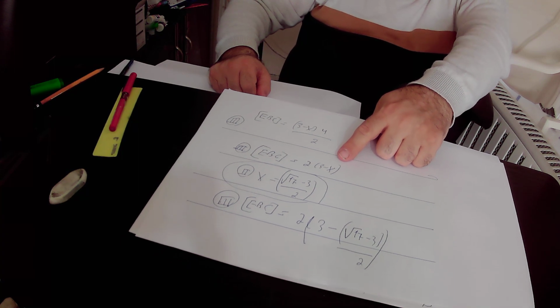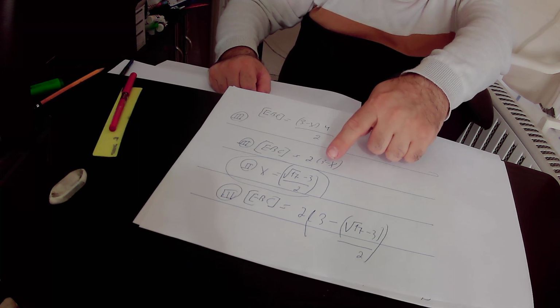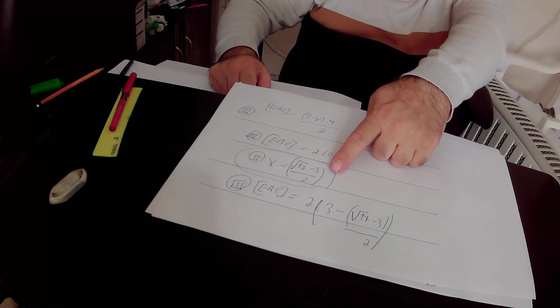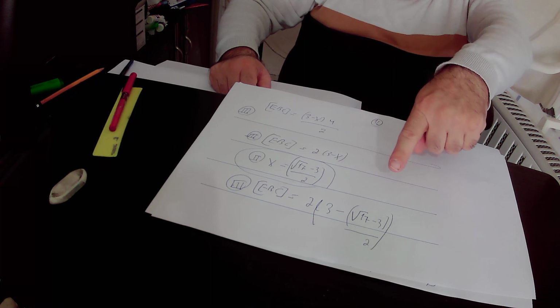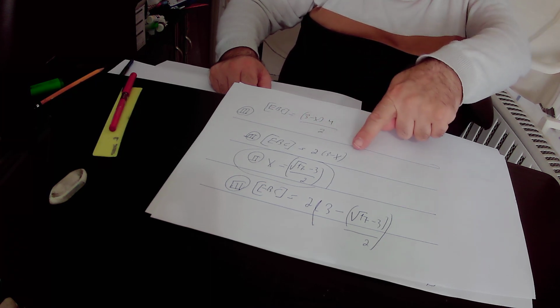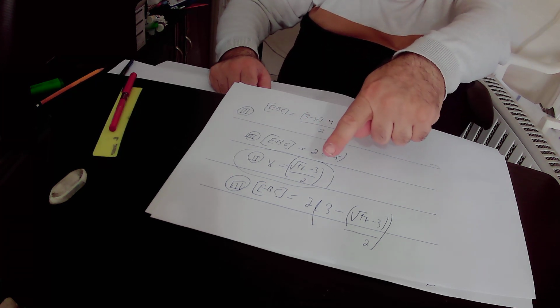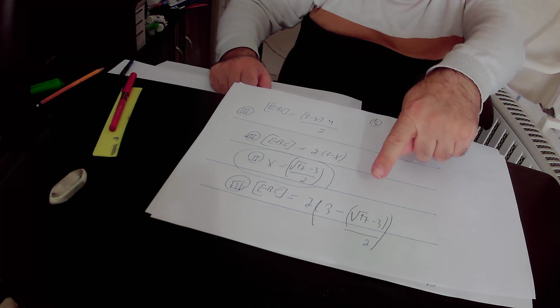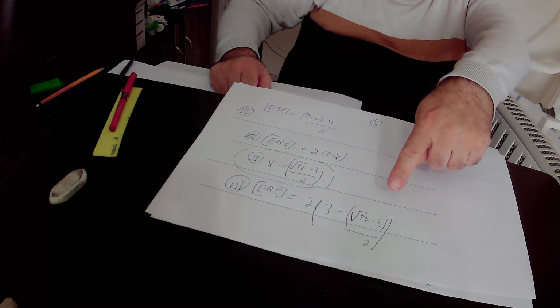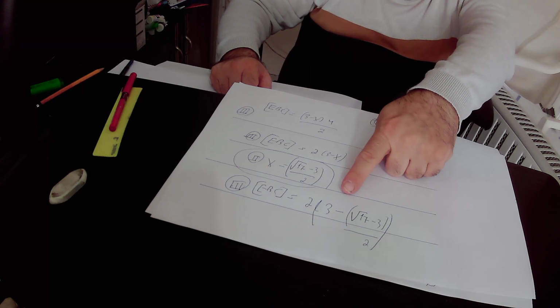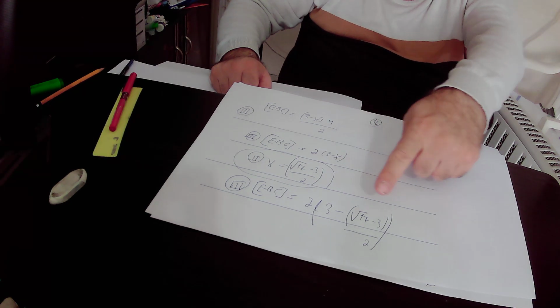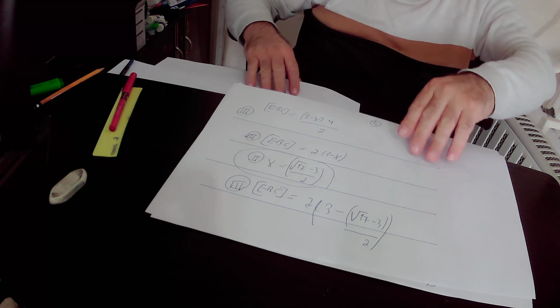And we already found that x equals (square root of 17 minus 3) over 2 according to equation number 2. So we put the value of x inside equation number 3, and we found that the area of triangle EBC equals 2 times (3 minus (square root of 17 minus 3) over 2). Here we multiplied 3 by 2 and divided it by 2 in order to have a common factor with this expression.